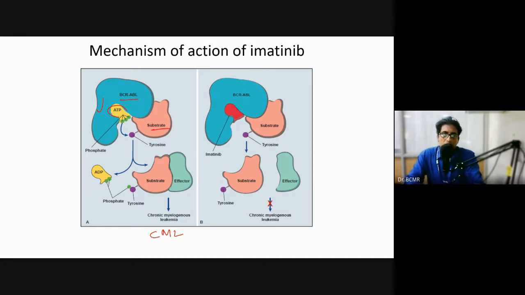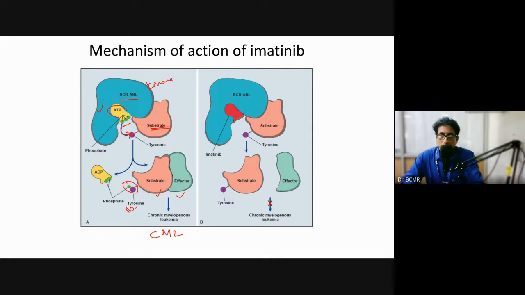So what it does is it binds to ATP and phosphorylates. It's a kinase. It phosphorylates the substrate. And now we have a substrate which will bind to its effector. This is activated because of phosphorylation on the tyrosine residue. Tyrosine has a hydroxyl group.